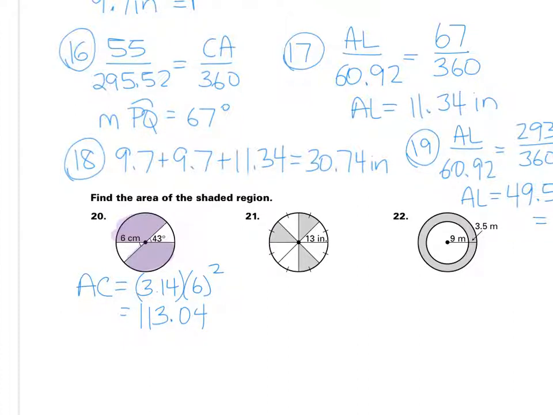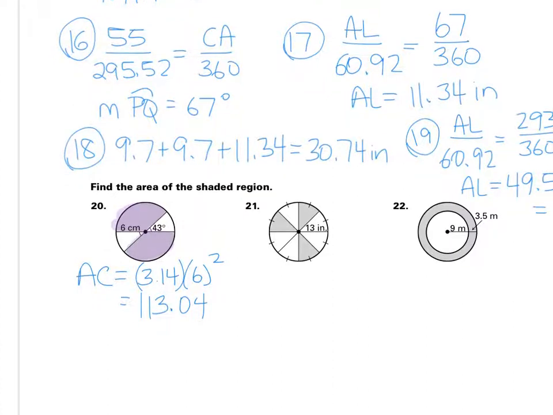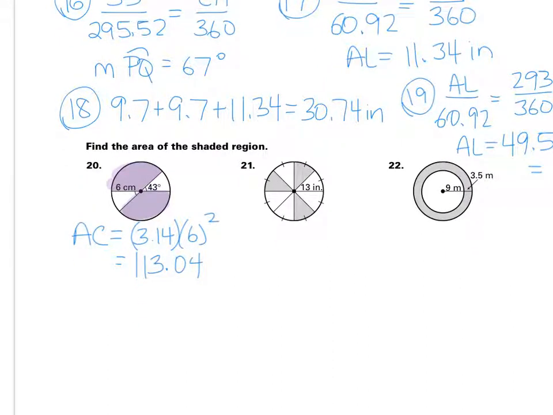Okay, so then we need to find what the angle would be. So 180 minus 43, or the arc measure, whatever you would prefer calling it, is 137. So you can either use 137, then take your sector area times 2, or you can just use 2 times that arc length.